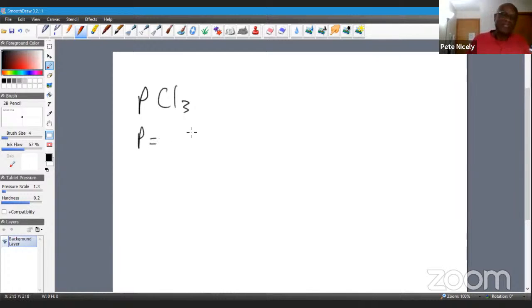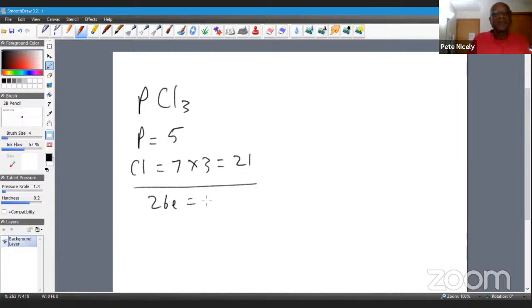Phosphorus will contribute 5 electrons, and each chlorine will contribute 7 electrons, but there are 3 of them, so that would be 21 electrons. Therefore, the total number of valence electrons would be 26, which is the same thing as 13 pairs of electrons. Then we put the phosphorus in the middle, which is the least electronegative element, and we surround it with the chlorine.